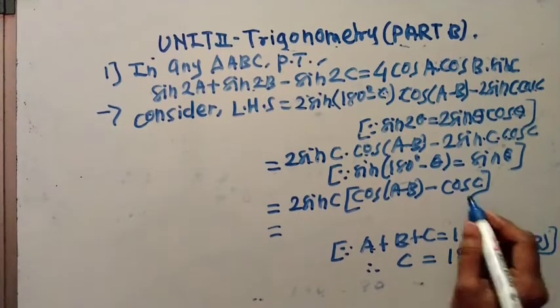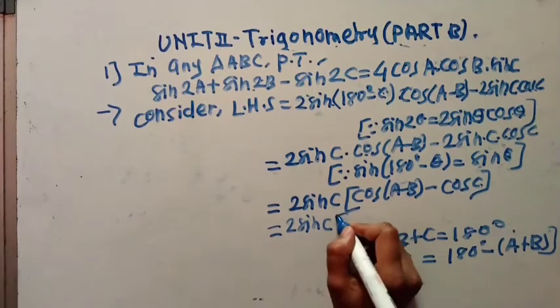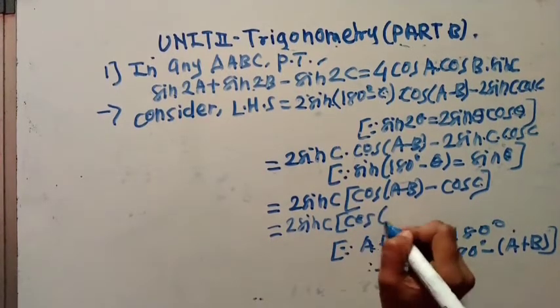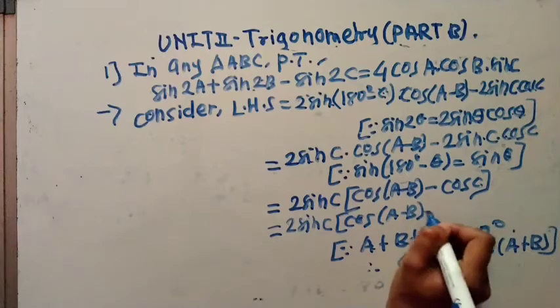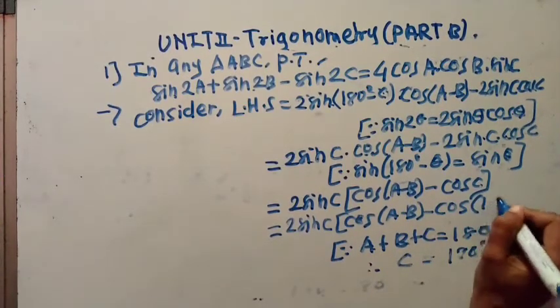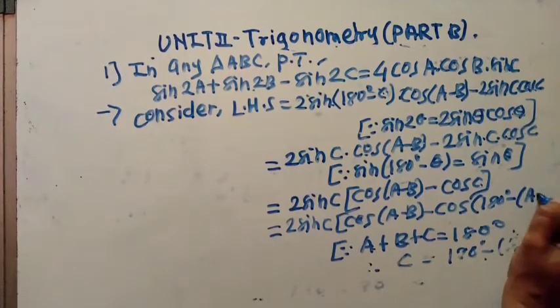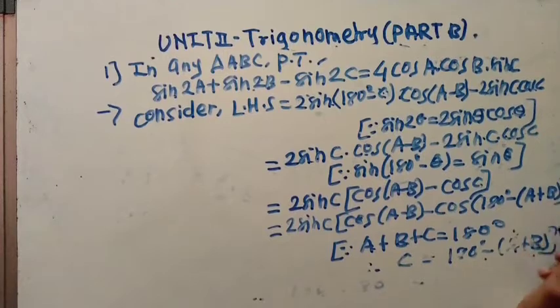So this C value put in this 2 sin C, cos (A minus B) minus cos (180 degree minus (A plus B)).